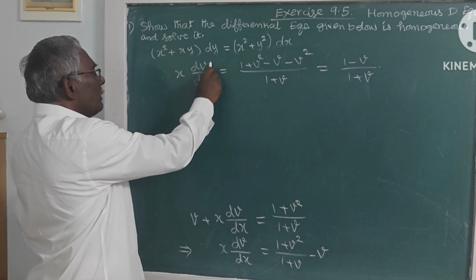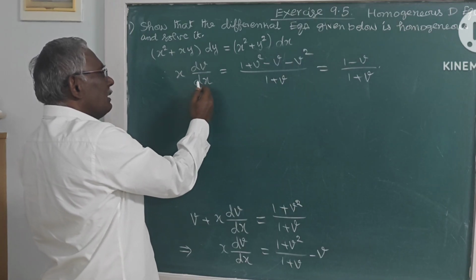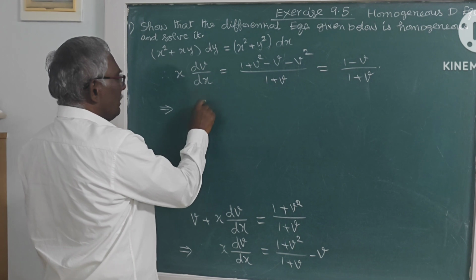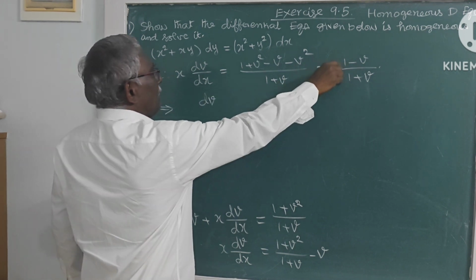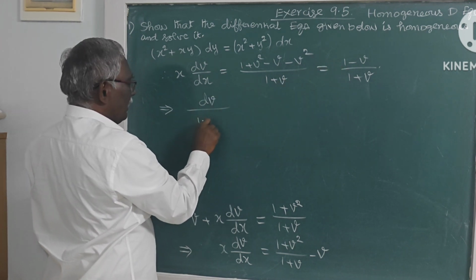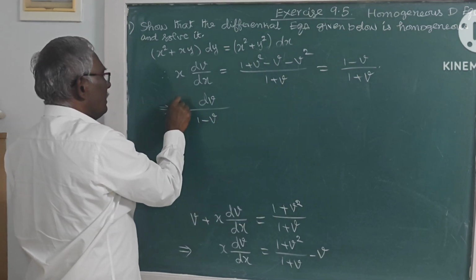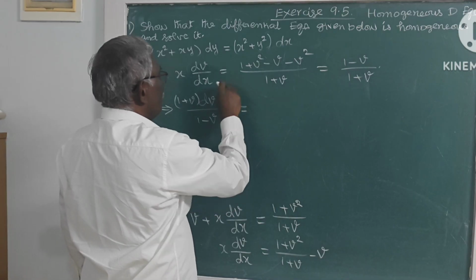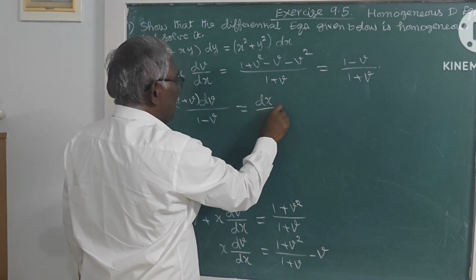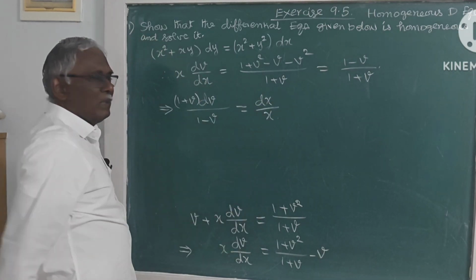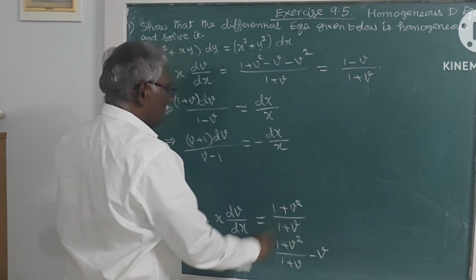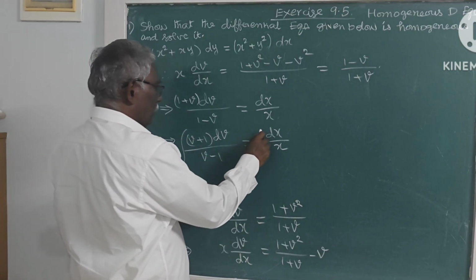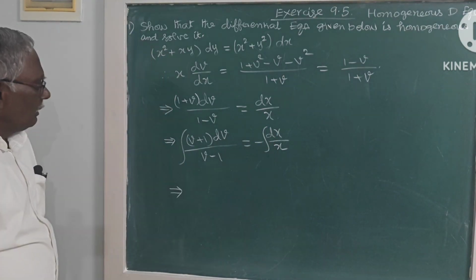We bring v this side and x to the right hand side. So this gives dv, 1 minus v comes to the denominator, and 1 plus v goes to the numerator. This is equal to dx by x, taking x to the other side. On integrating we get: how to integrate now?